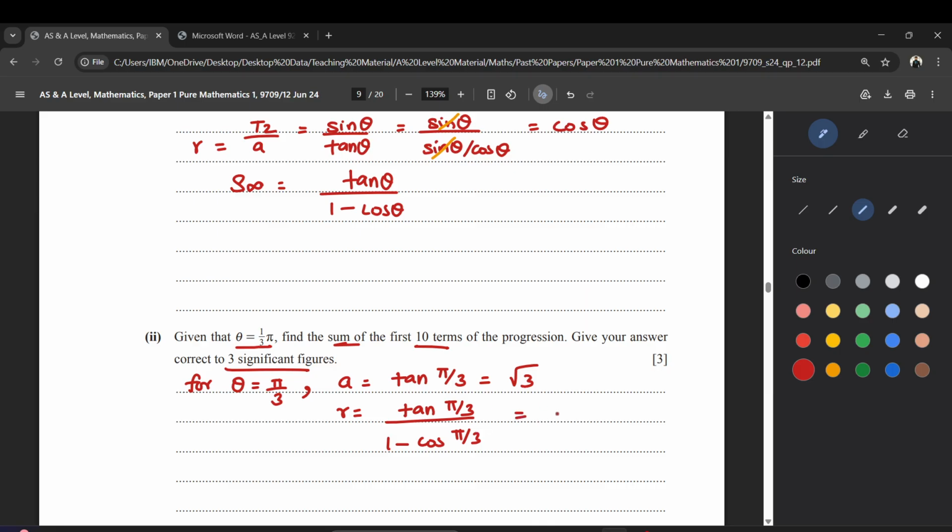Let's work this out. This is root 3 and cos pi over 3. Pi is 180, so 180 divided by 3 is 60, so this would be half.